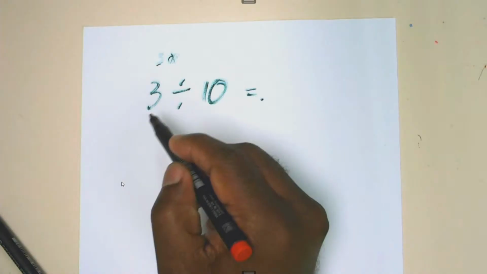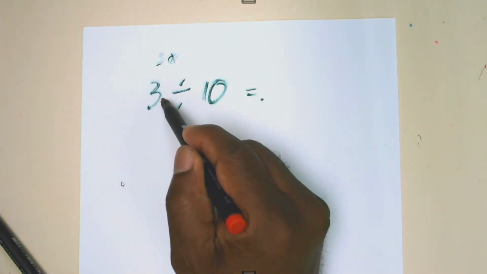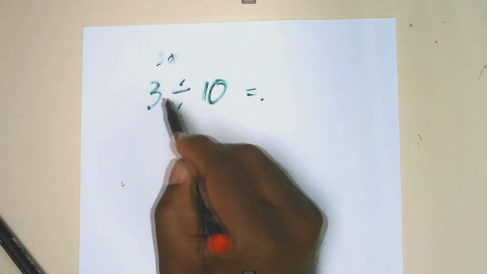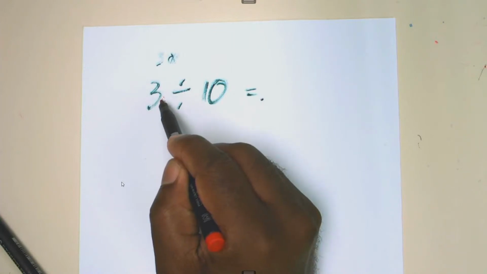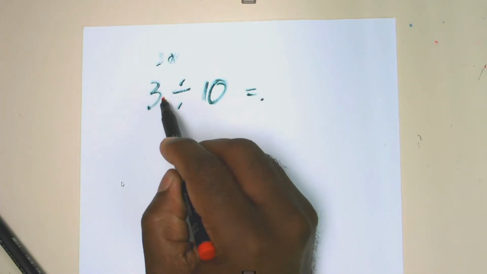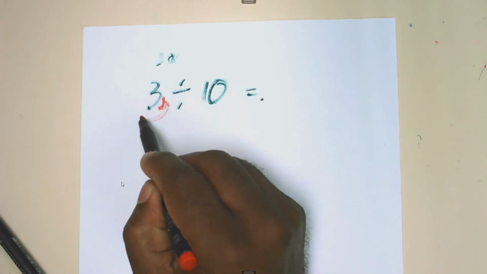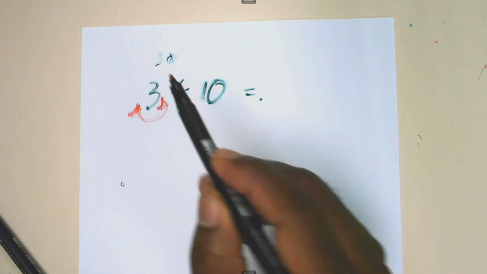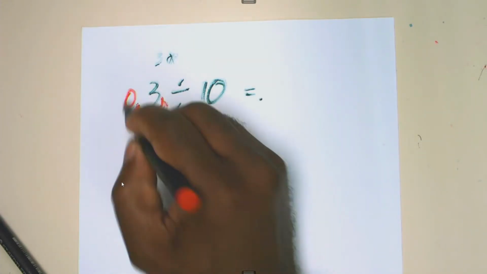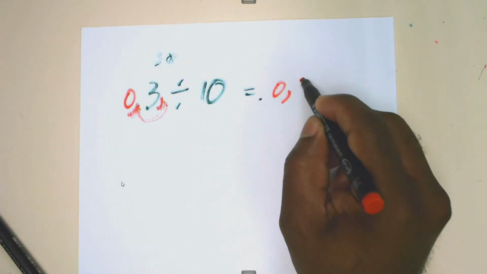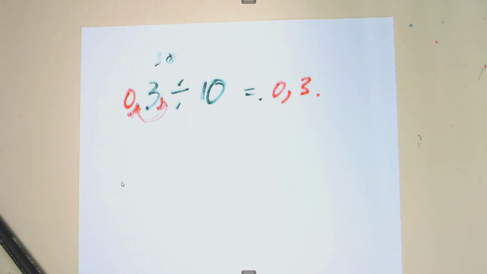it's equal to, they will tell you that, no, move it this way. Just say, remember it's a unit, our comma is here, ne? They will tell you, move that comma one place, and then you are having the comma here, and then this will be 0,3. You see?